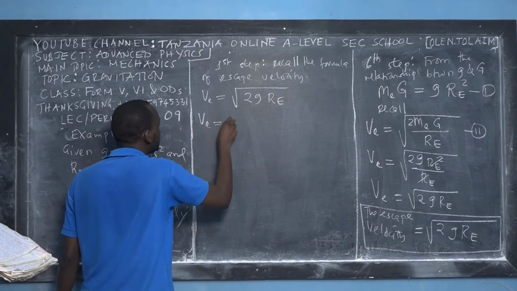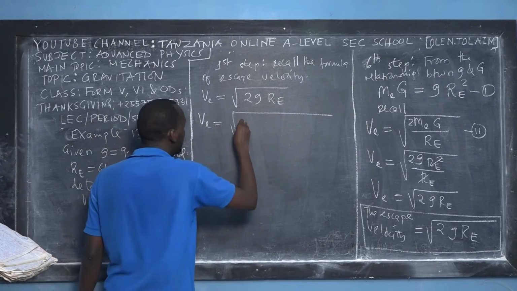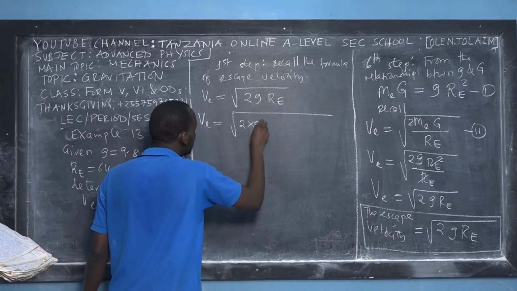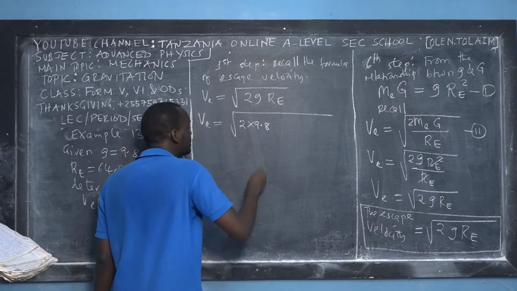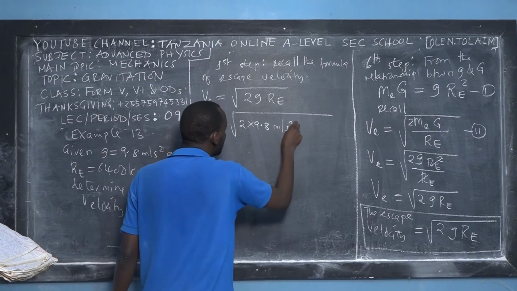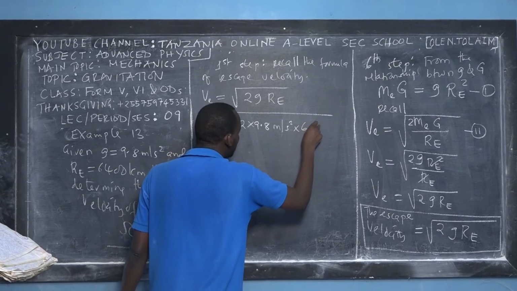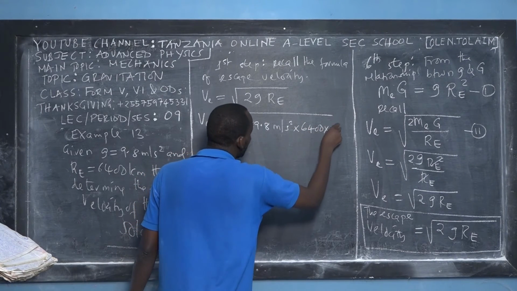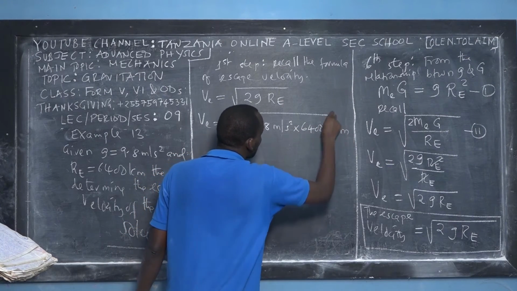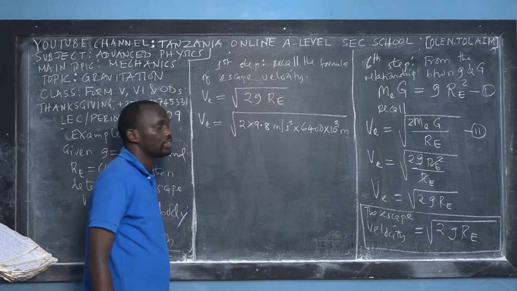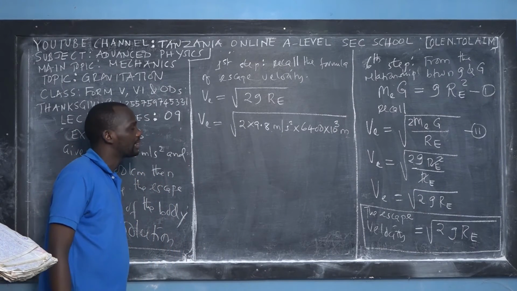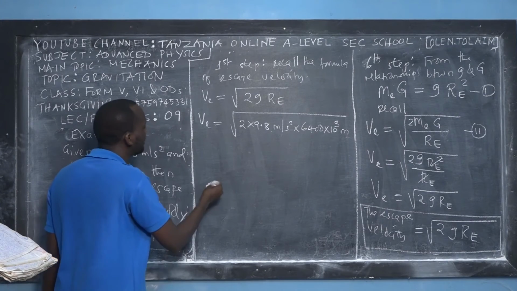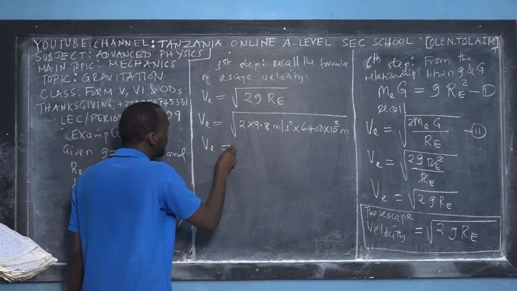So escape velocity is equal to the square root of twice times 9.8 meter per second square times the radius of the Earth, which is 64 times 10 to the power 3... I mean 6,400 times 10 to the power 3 meter. So meter times meter is meter square. Then you have per second square. So if you find the square root, then the unit will be meter per second.